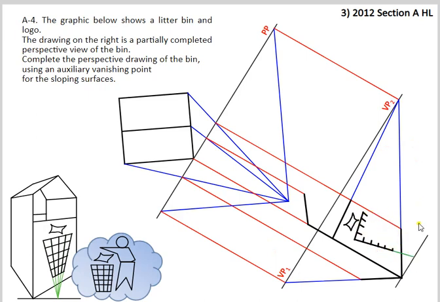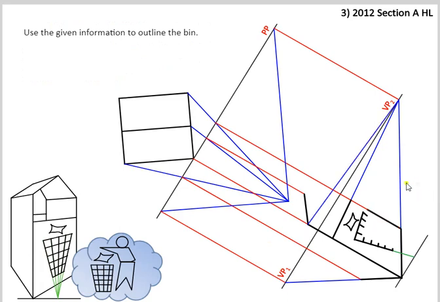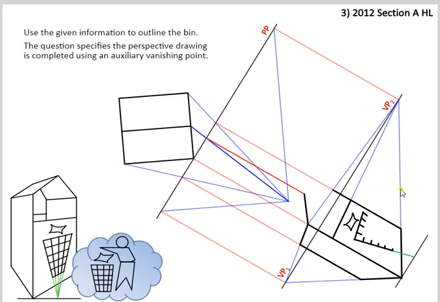Now this is using 3-point perspective. There's a perspective point shown here, down base here, and the answer shows how to connect these lines. So basically we join back to VP1 or VP2, then back to VP1, and then we can construct the main body of the actual bin.